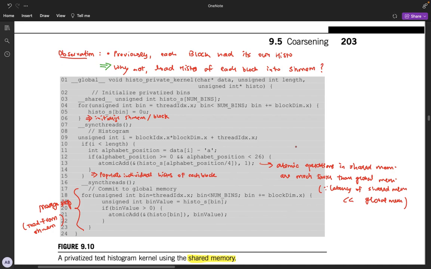Just now we have shared memory instead of global memory. And note that atomic add in shared memory would be much faster than atomic add on global memory, because the latency of shared memory is much less than the latency of global memory. So once this step is done, we do a merge step where instead of reading from global memory, we read just from shared memory.